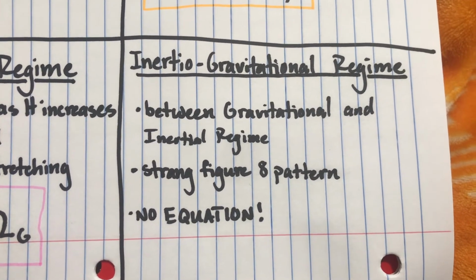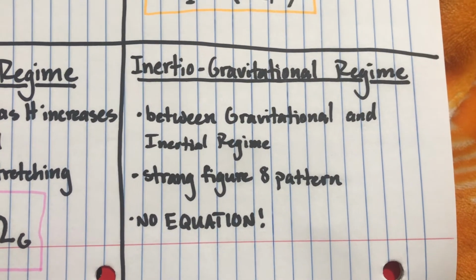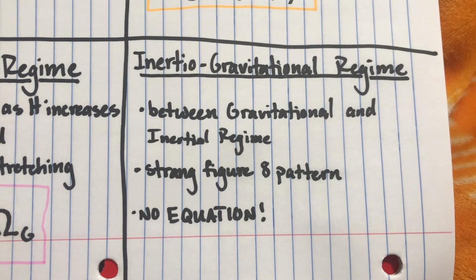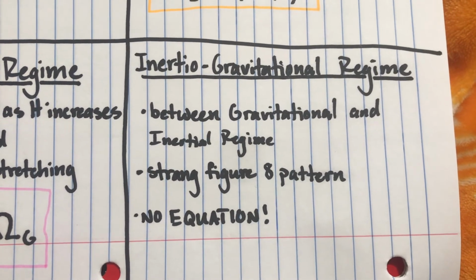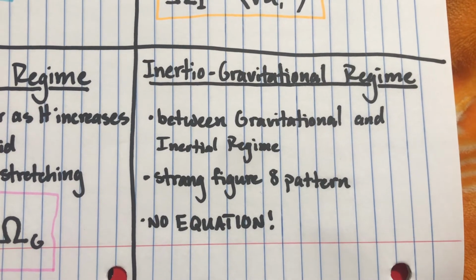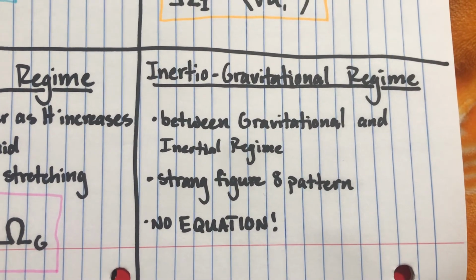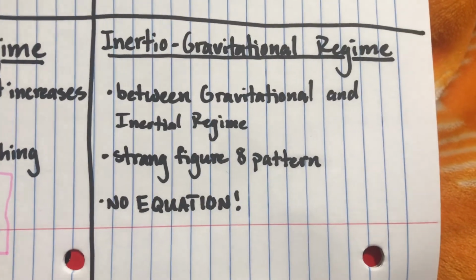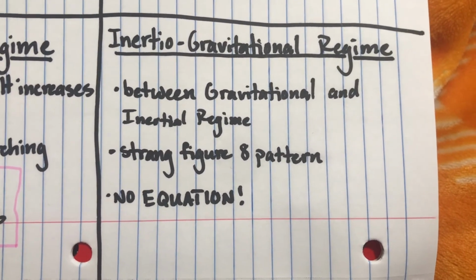And basically, everything that we've discussed goes out the window, and scientists aren't sure why it does this. And what happens is, instead of a constant coiling frequency of the honey or the liquid, you get a strange figure 8 pattern, and there isn't really an equation to define what happens.